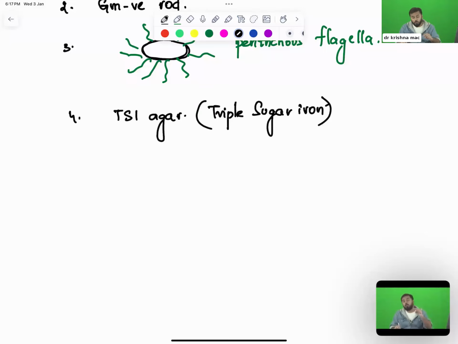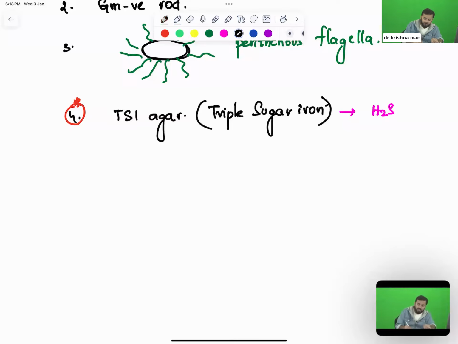If you are growing this bacteria within this triple sugar iron agar, this bacteria will start releasing hydrogen sulfide gas. Very, very important question. So on triple sugar iron agar, what is going to happen? It will release H2S gas, hydrogen sulfide.